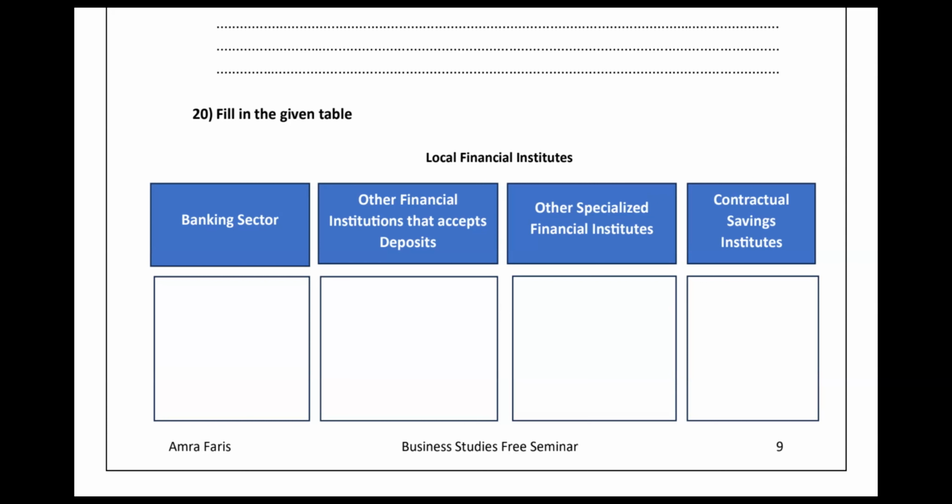But there are other financial institutions which do not fall into the banking sector, but they can accept deposits. Apart from this, we have other specialized financial institutions, and then we have contractual savings institutions.